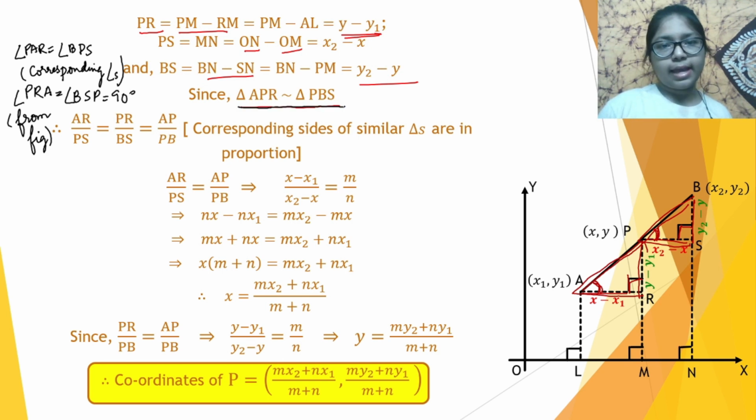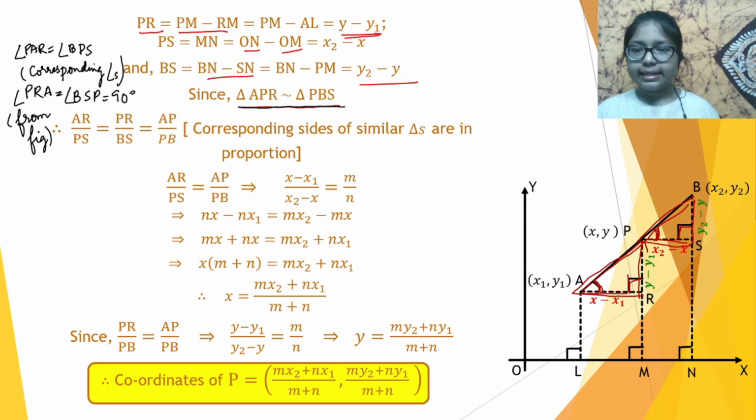So triangle APR is similar to triangle PBS. So the corresponding angles of the triangles which are equal, their opposite sides should be in proportion. This is the conclusion of similarity.